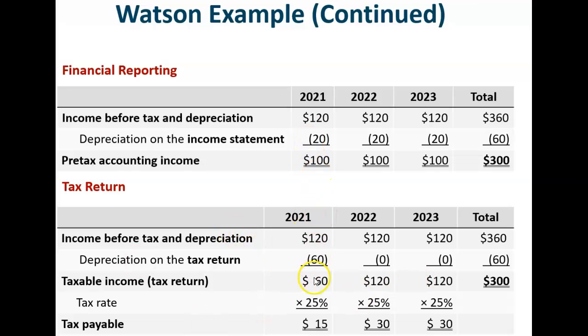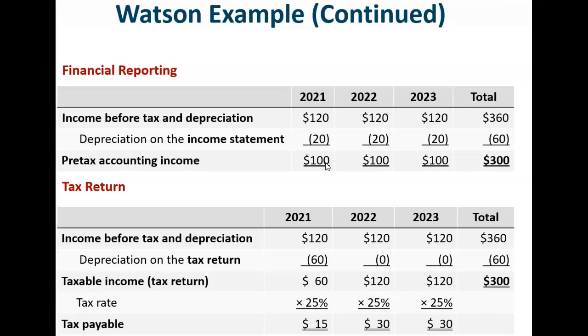In 2021, depreciation allowed by the tax return is $60,000, which is greater than the book depreciation amount, causing taxable income to be less than pre-tax accounting income on the financial statements by $40,000.